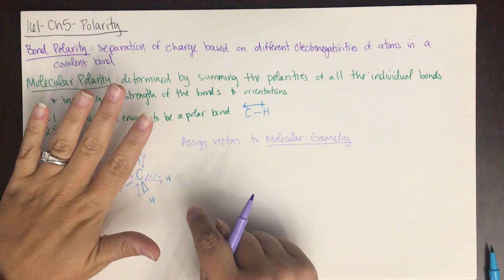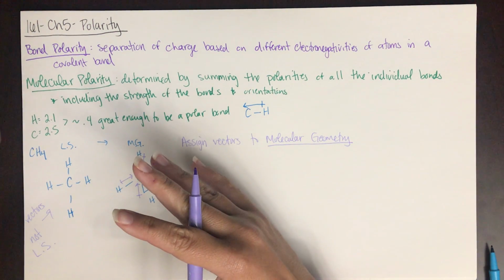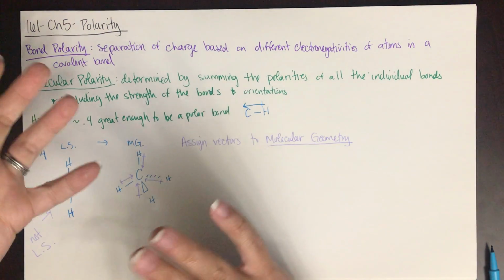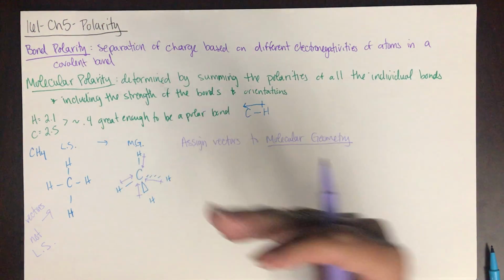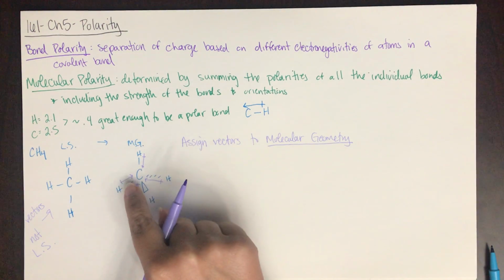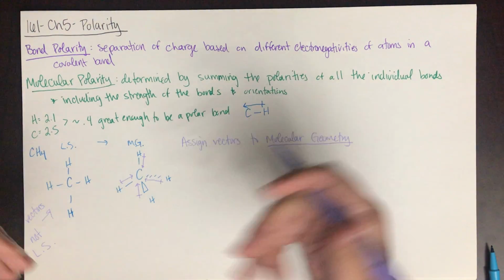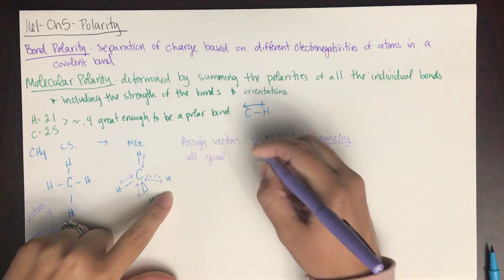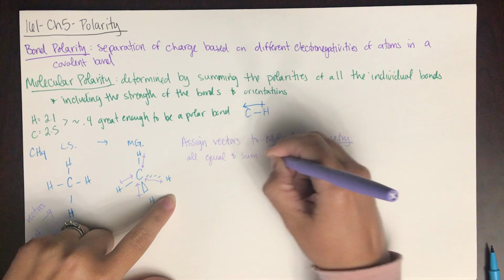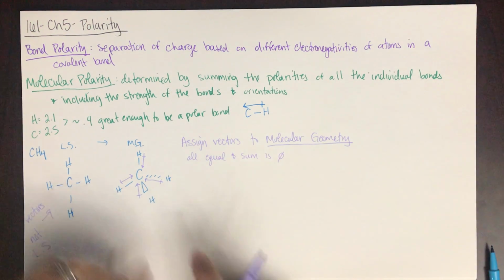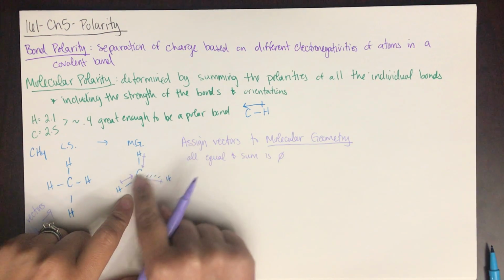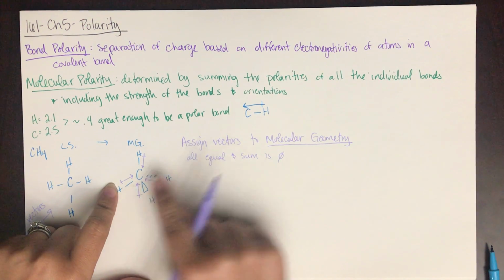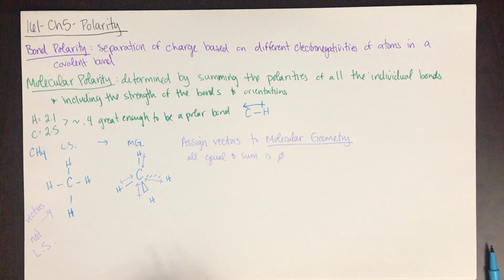Remember, this is not a flat molecule. This is a molecule in 3 dimensions, and I can post some good videos to show these molecules in 3 dimensions so you can see them rotate. Each of these angles is 109.5, and when you sum these together, they would all be equal and opposite. So these vectors are all equal, and the sum is 0. Because each of the magnitudes of these vectors is the same because it's the same magnitude of these 4 equal bonds, and the angles are all going to equal 0.